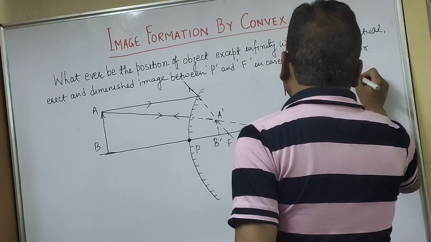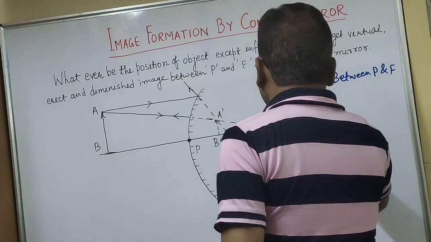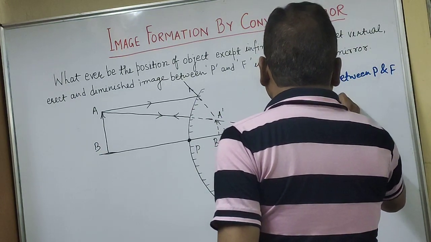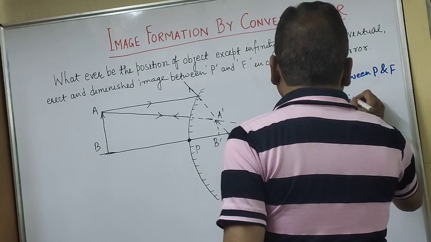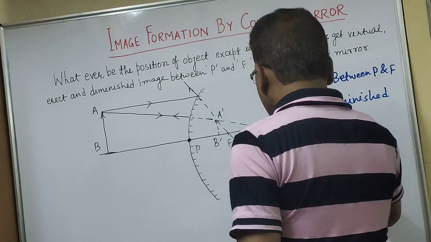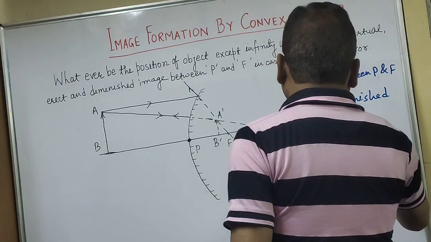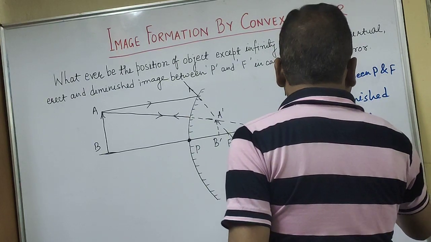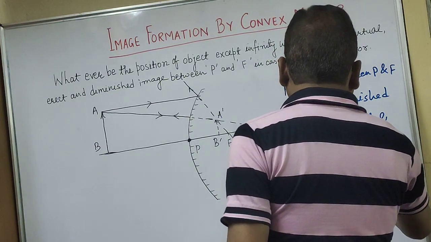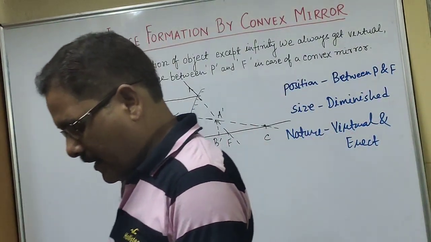So this time the position of image is between P and F. Size we can write diminished, and nature is virtual and erect, because virtual images are always erect.